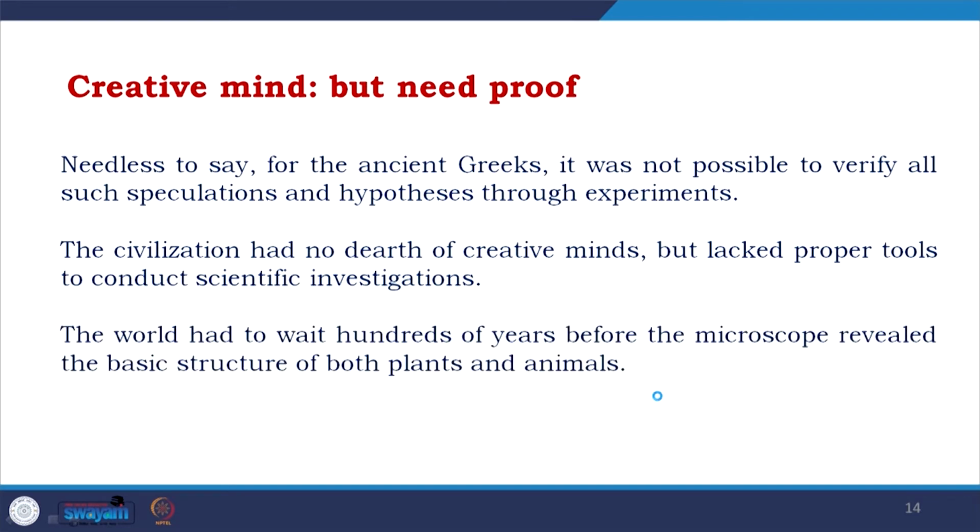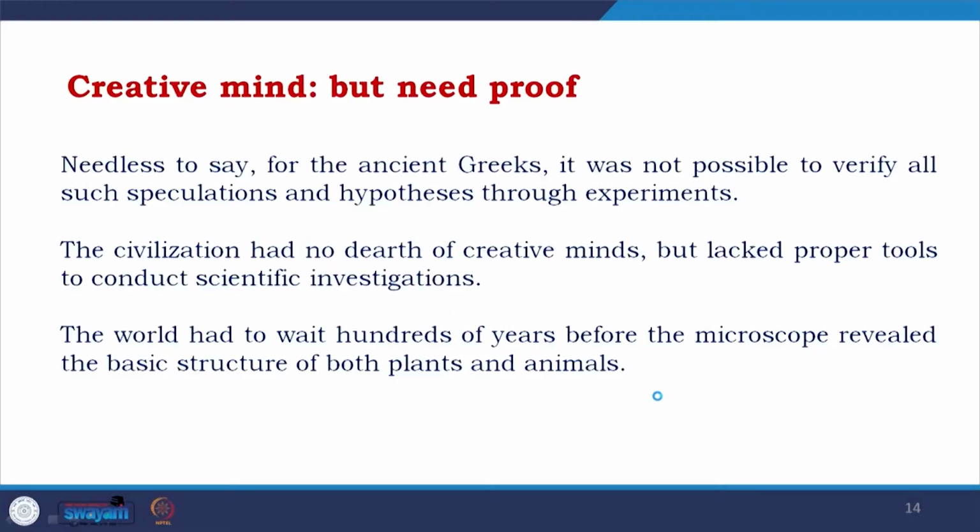The world had to wait hundreds of years before the microscope revealed the basic structure of both plants and animals. So, let us see how creative minds become more effective with proper tools, and how they help biology to proceed further.